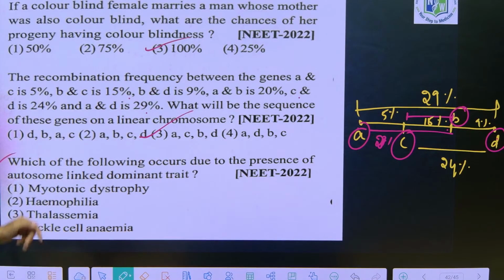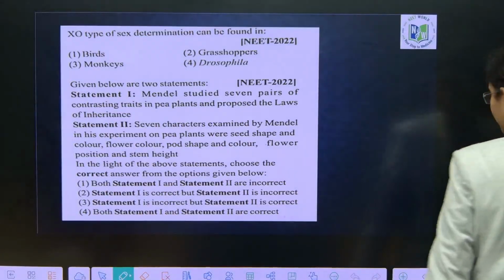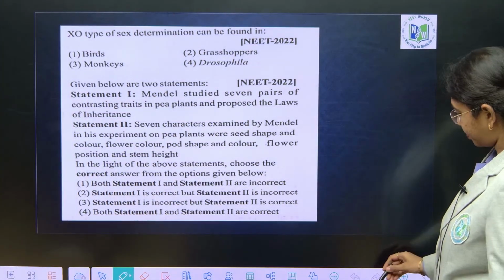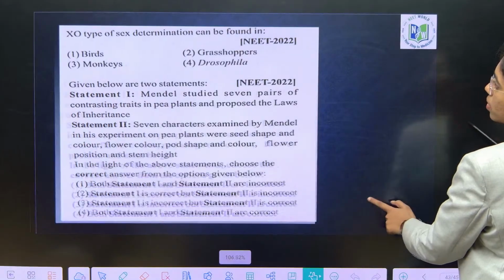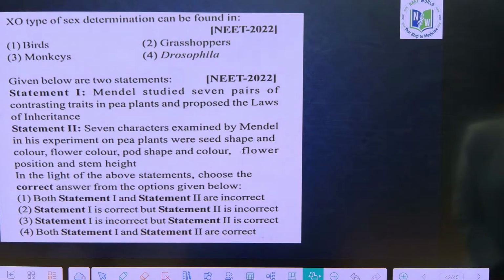This one. Which of the following occurs due to the presence of an autosome linked dominant trait? Autosome linked dominant trait. Finally, try out this. Good.